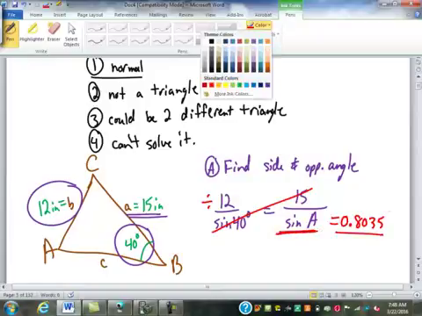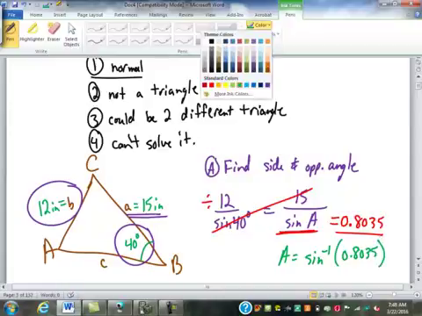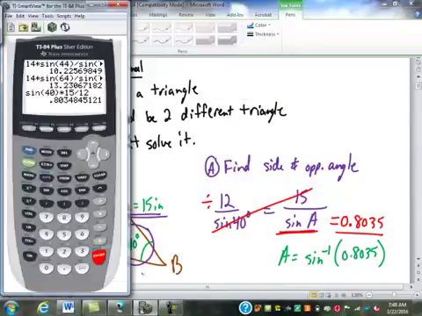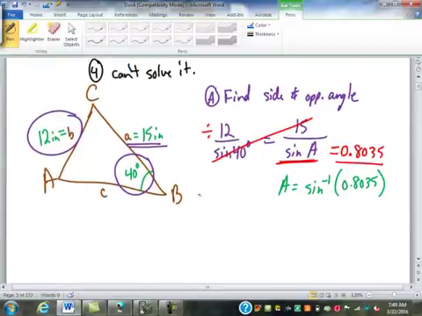Yeah, that's the sine of A that equals that. So A is going to be the inverse sine of that. Now I'm not going to punch it back in my calculator. I'm going to do second sine and then second answer. ANS brings up the previous answer. That way I don't have to write it down and type it back in. I get 53.46 degrees.